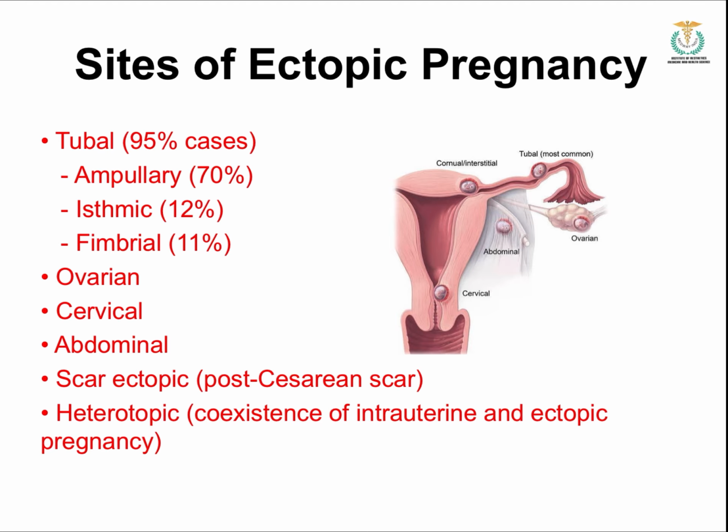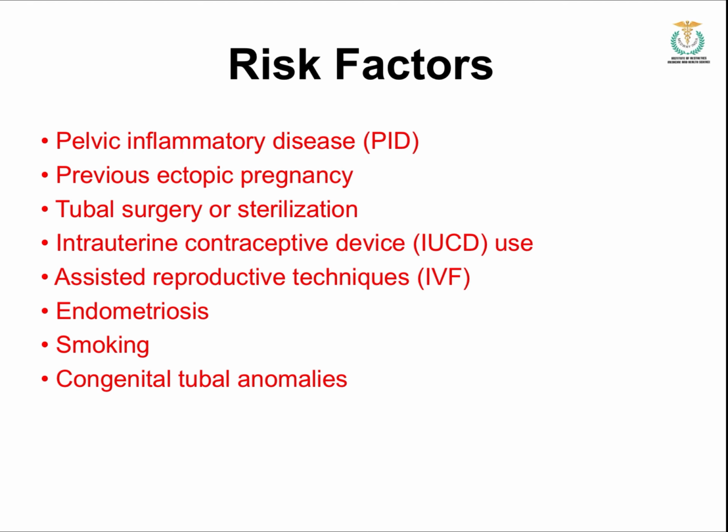Next are the risk factors. The risk factors are PID, pelvic inflammatory disease, previous ectopic pregnancy, tubal surgery or sterilization, intrauterine contraceptive device (IUCD) use, assisted reproduction like IVF, endometriosis, smoking, and congenital tubal anomalies.